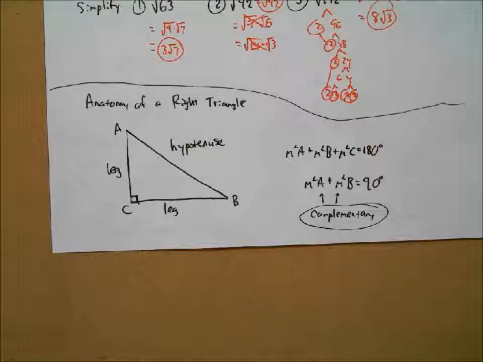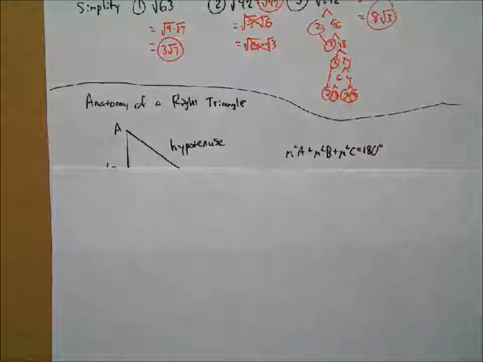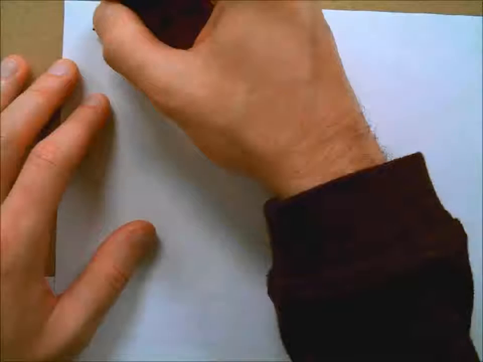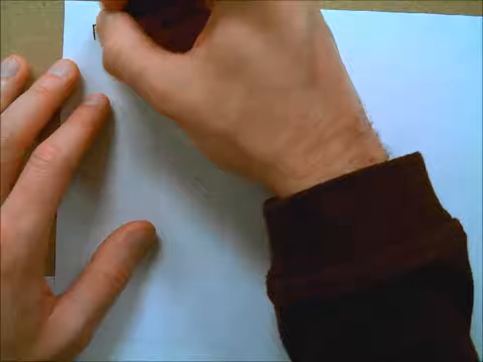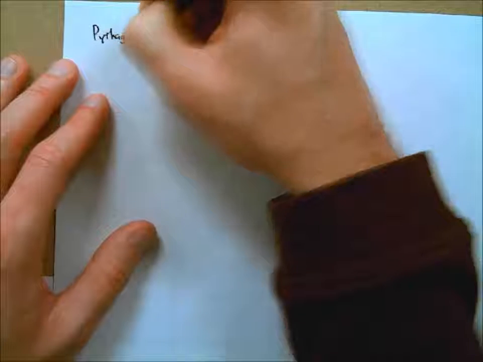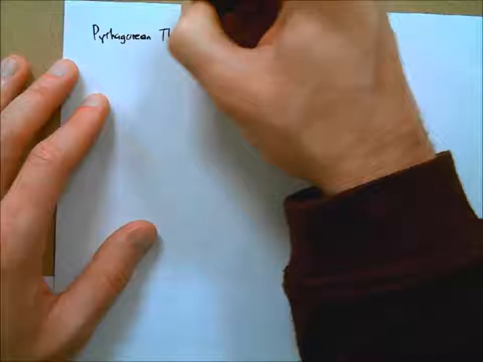So let's take a look at the Pythagorean theorem here, even though you guys know it already. And then we'll also quickly discuss the converse too. I won't waste our time doing too much of that, so we'll just do maybe one or two problems here. So, Pythagorean theorem.